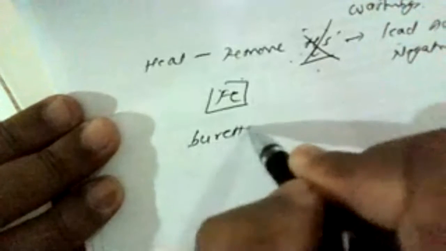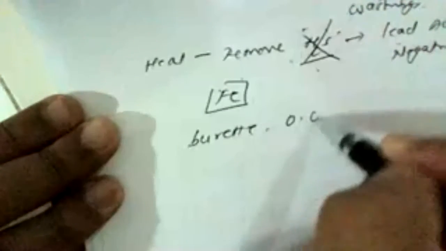Now, how can we estimate the iron? First of all, we have to take in the burette 0.025 normal potassium dichromate solution. From the solution obtained after removal of H2S, first of all, we have to take 10 ml of this diluted solution.